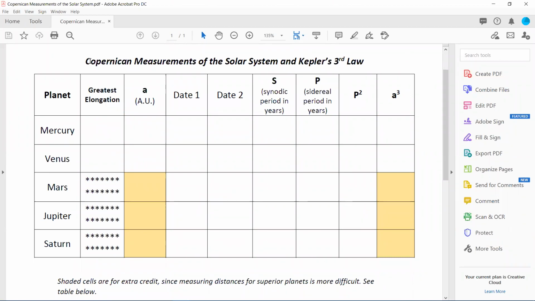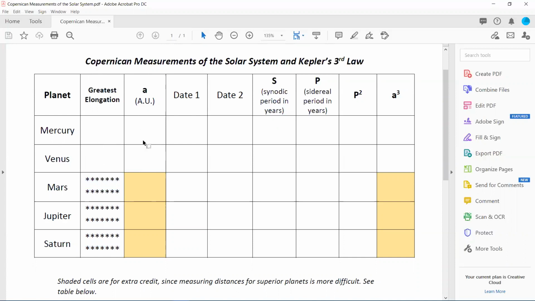So this might make it seem like this lab is trivial, but it's going to take you a while to actually collect the numbers. So let's see here. Here's the column for calculating the size of the orbit A. And notice I've highlighted these cells, and I've even put asterisks here to indicate that you can't even use this method for the outer planets. So you're only going to write down the greatest elongation for the two inner planets, Mercury and Venus.